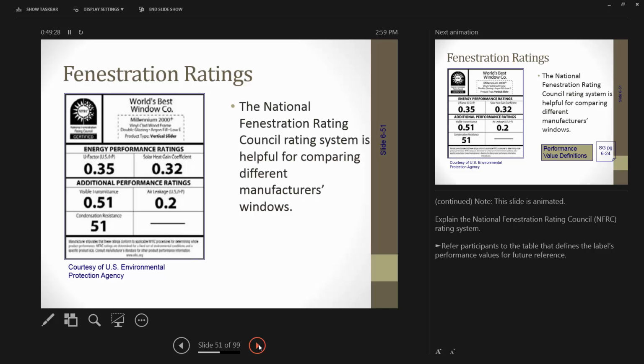So ideally it gives a representation of how the window performs, and the lower the U value, the better performing the window, for the most part.